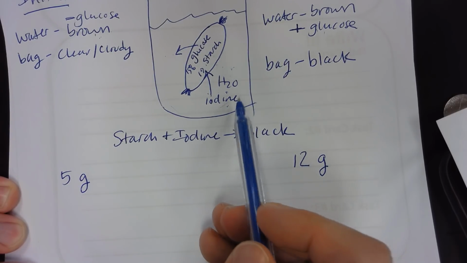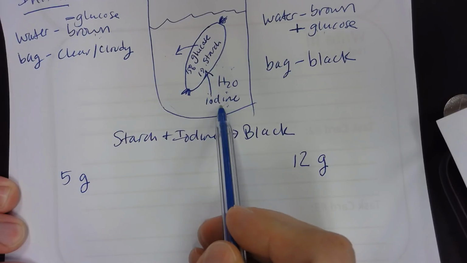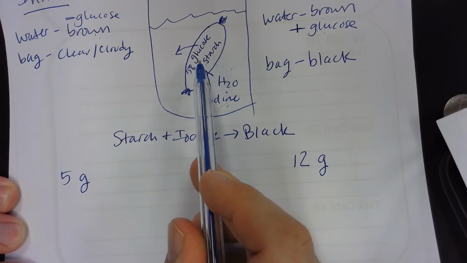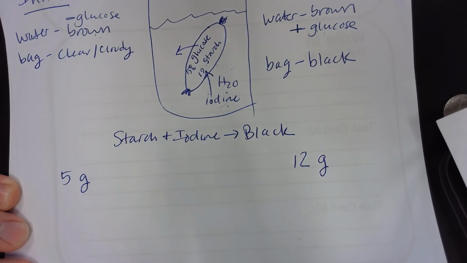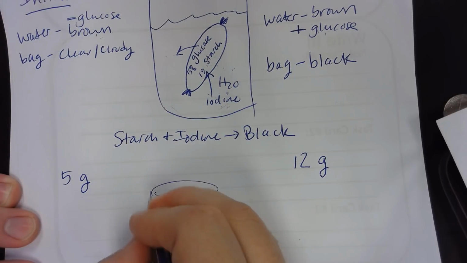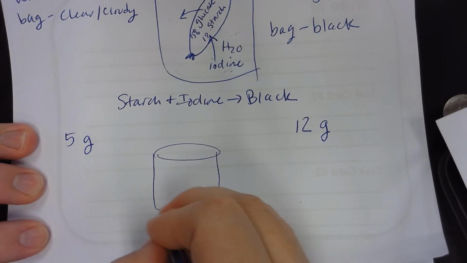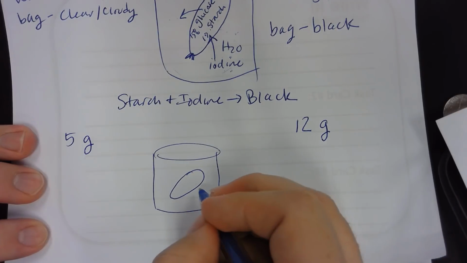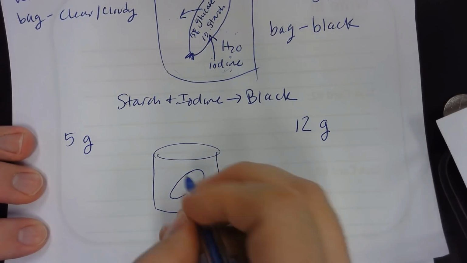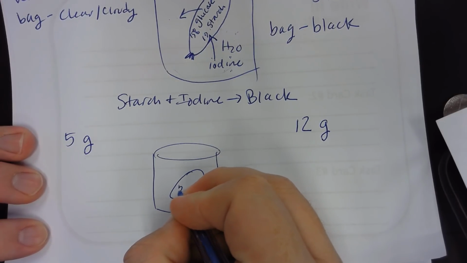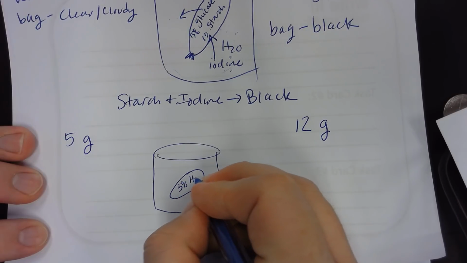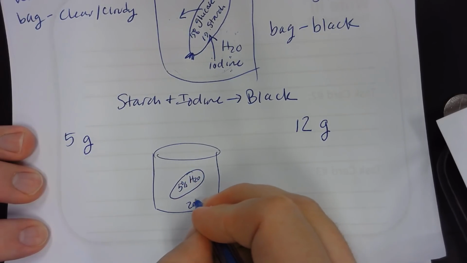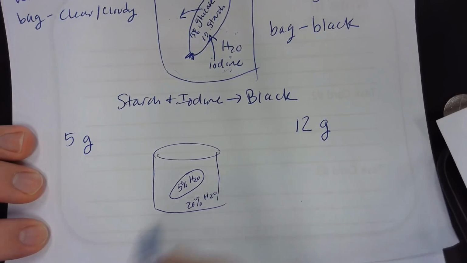So our water is more concentrated outside of the cell than inside the cell. Let's give it a number: say that's 5% water on the inside, and 20% water on the outside. Again, just choosing numbers to show the relationship.